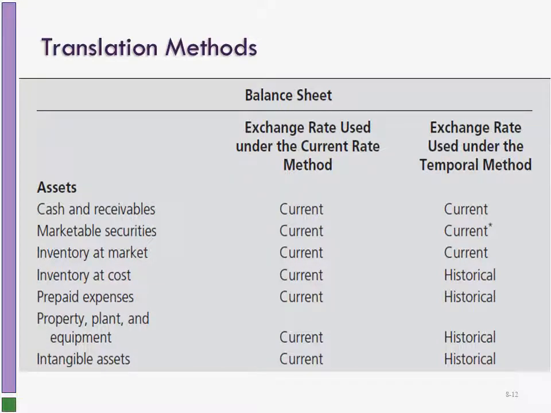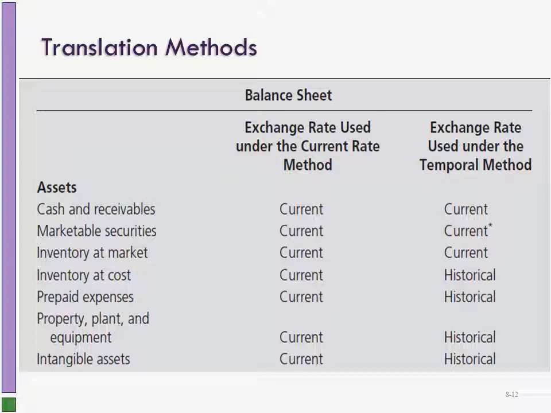As we see in this slide, we start with the assets of the balance sheet and what exchange rate to use under the current rate method and the temporal method. In the first column, we have the name of the group of assets. The second column shows what exchange rate to be used in the case of the current rate method. The third shows the exchange rate to be used under the temporal method.